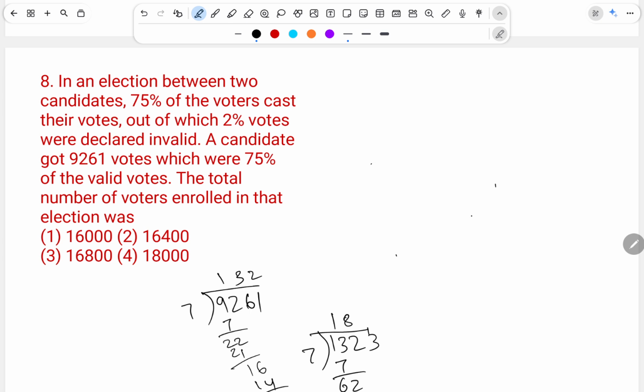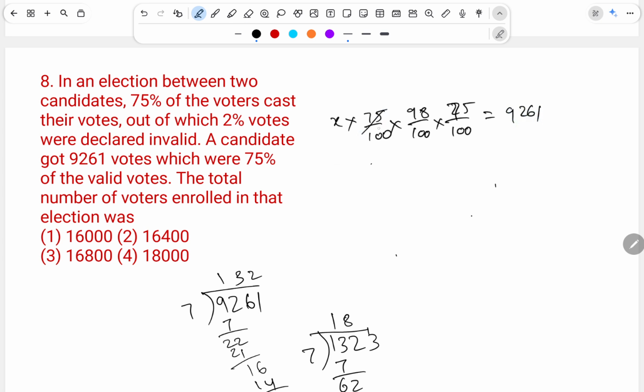Total 75%; let the total votes be X. X into 75% of the voters cast their vote. 75 by 100 into 98 by 100 into X is equal to 9261.